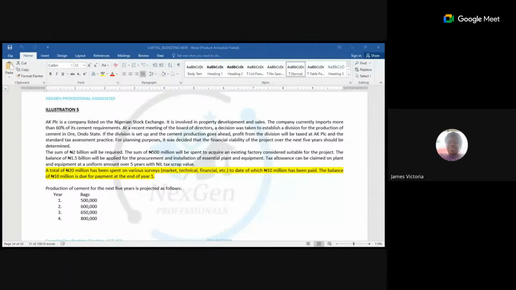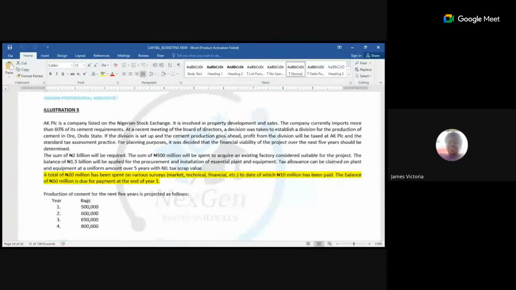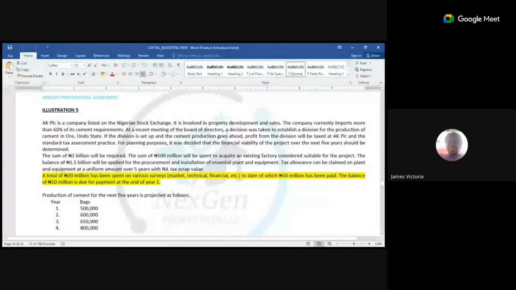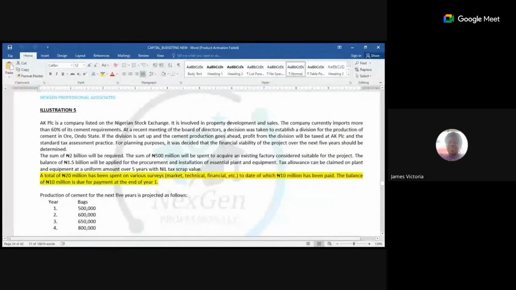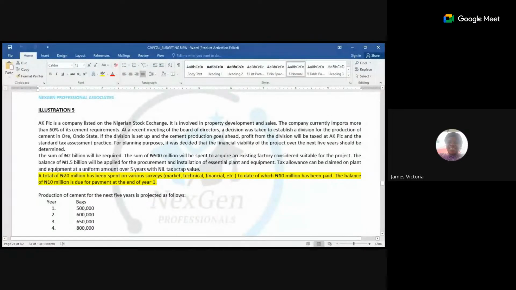AKPLC is a company listed on the Nigerian Stock Exchange. It is involved in property development and sales. The company currently imports more than 60% of its cement requirements. At a recent meeting of the board of directors, a decision was taken to establish a division for the production of cement in Ore, Ondo State.